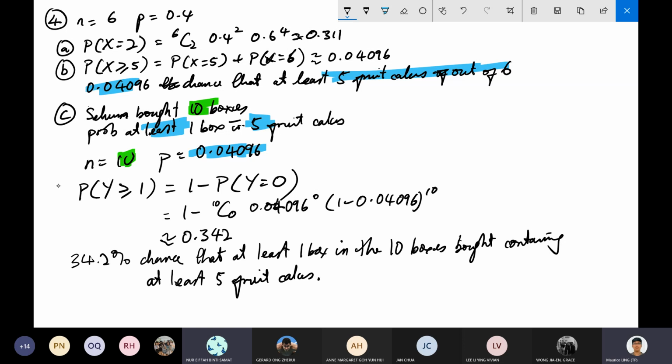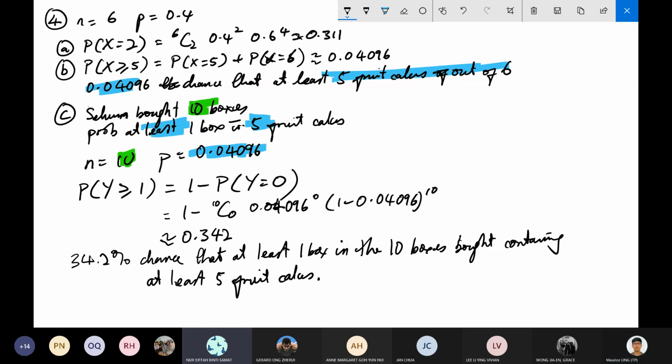Can you explain again? Okay, so the probability that at least one box has 5 fruit cakes, you can do one box, 2 boxes, 3 boxes, 4 boxes, 5 boxes, up to 10 boxes, which you're going to kill yourself. Or you can ask what is the probability that no box has 5 fruit cakes, that means absolutely all the boxes have no 5 fruit cakes. So you do the opposite. Because the question says at least one box, correct?